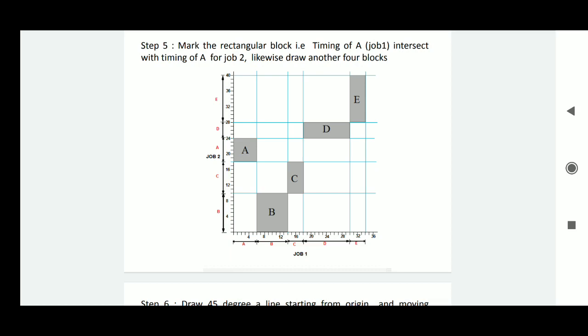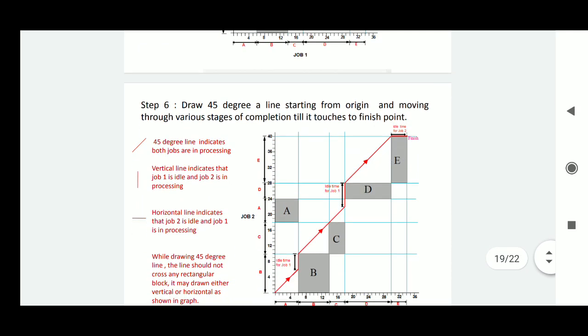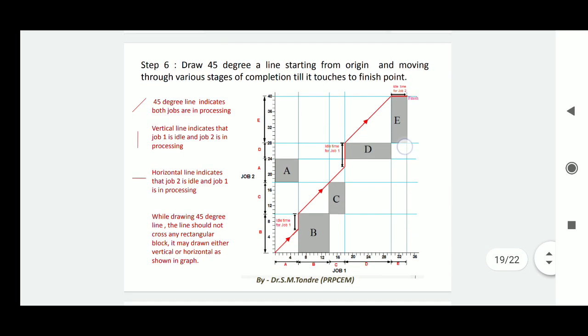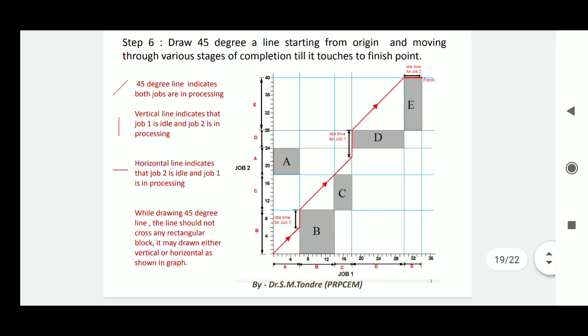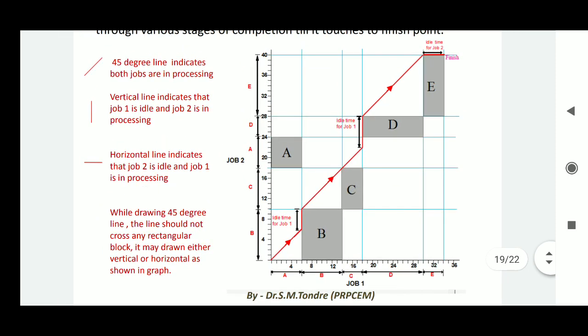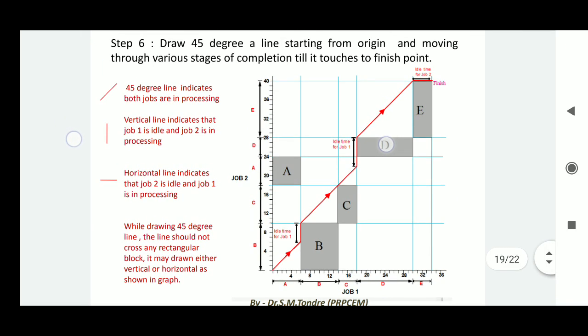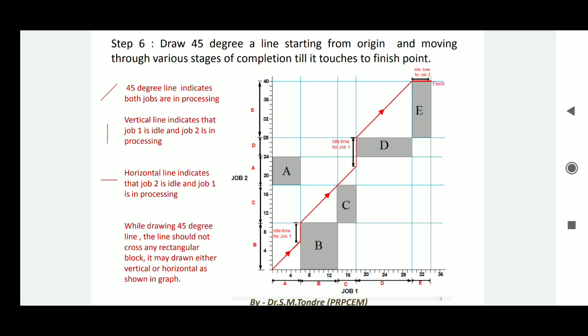And when we see the y-axis, we will see the sequence for job 2, that is B C A D E. Now for calculating the total processing time, we should draw a 45-degree line from the origin of the x and y axes. On the left side, the notations indicate that the 45-degree line means both jobs are processing at the same time, job 1 and job 2.